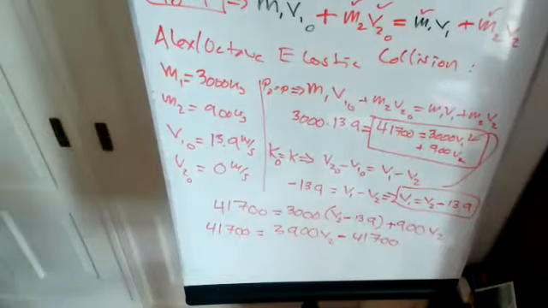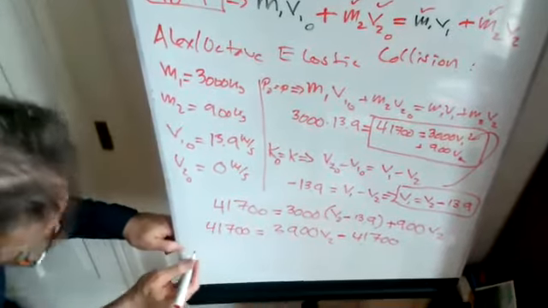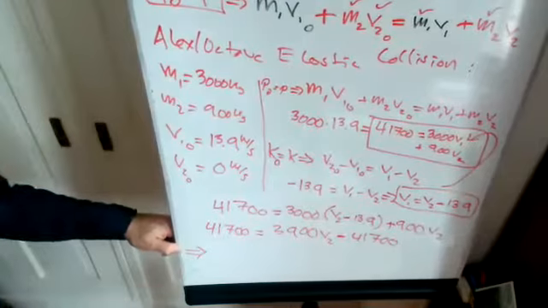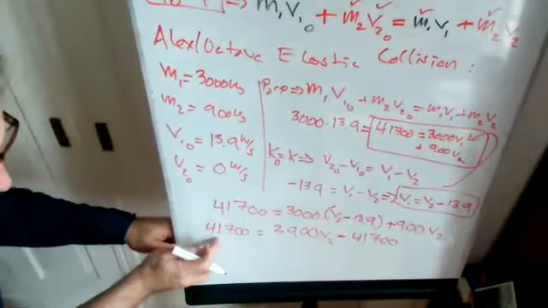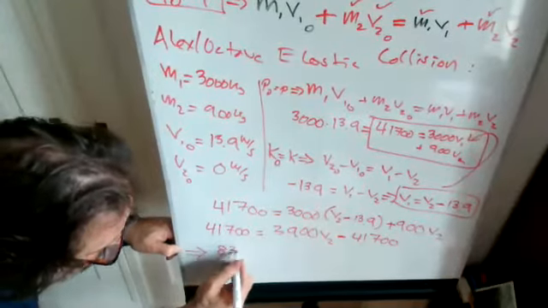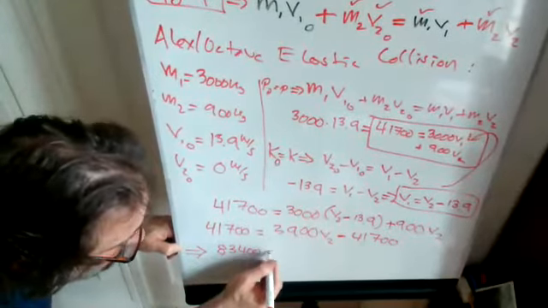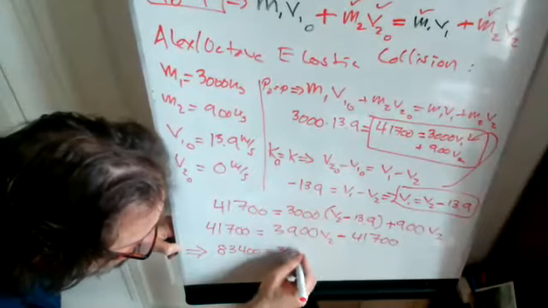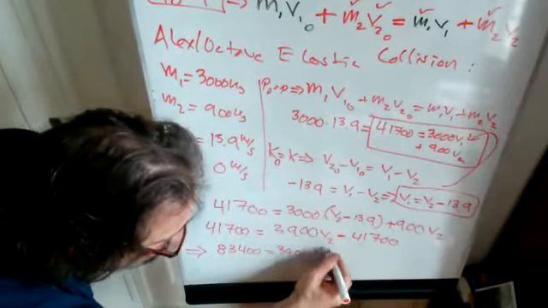Cool. Okay, so let's see where we are now. We move all the numbers to one side and keep the variable on the other side. We get 83,400 equals 3,900 times V2.